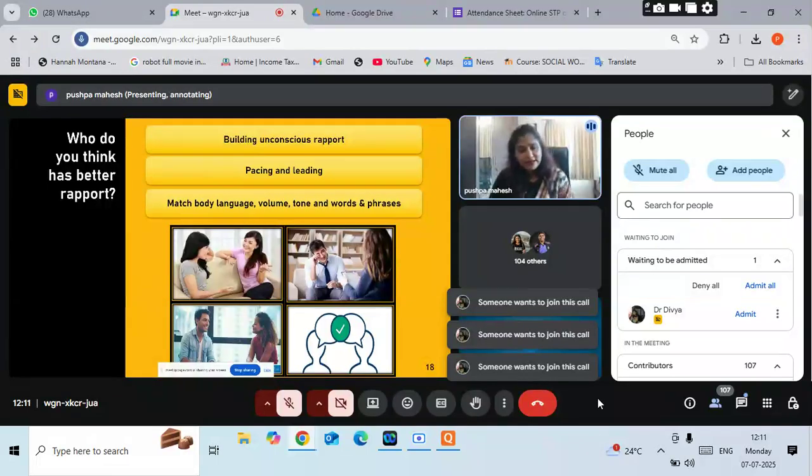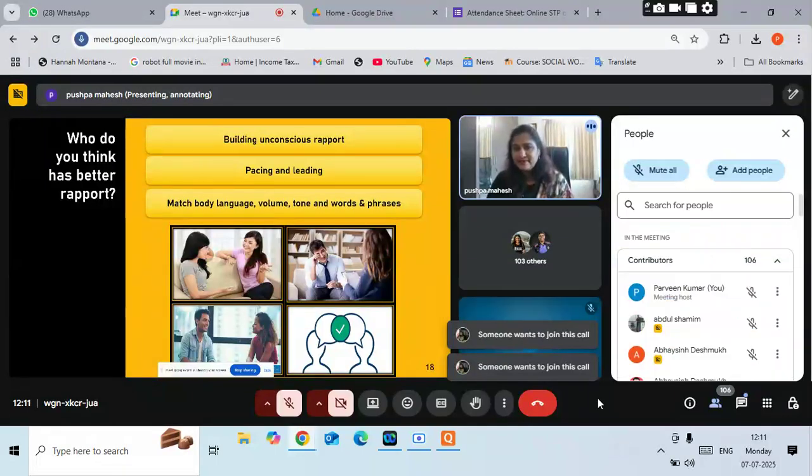Assuming you're in an important deal with somebody, you want the deal to be productive and a hit, and the other person frequently uses the word okay, then you can also use it without him knowing consciously. You can say, okay, I get it. So both of you will be repeating the same words in the same tone and the same volume. That's how you build unconscious rapport.